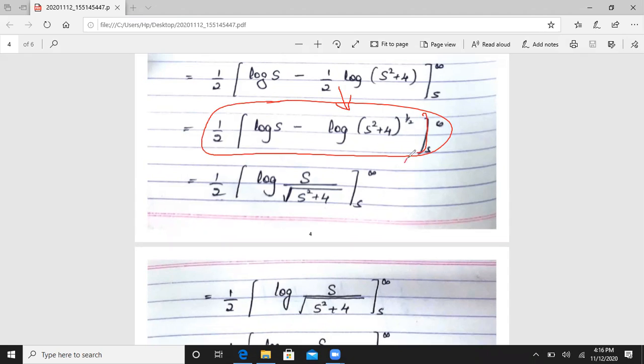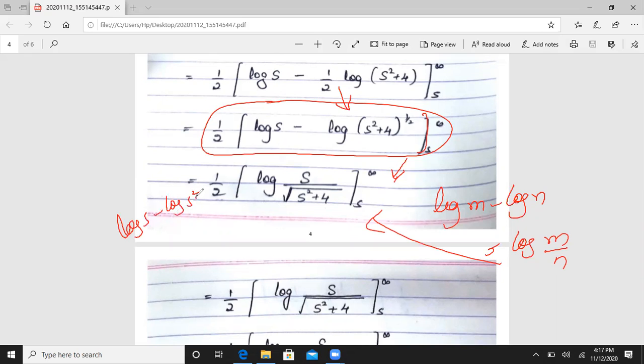And log of m minus log of n is equal to log of m by n. So we write this as log of s minus log of root of s square plus 4, which is log of s divided by root of s square plus 4. We will write these functions here only.